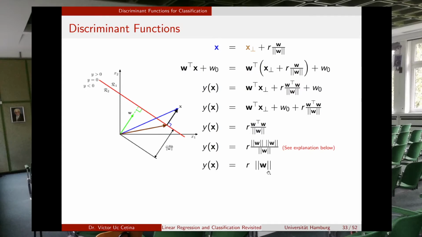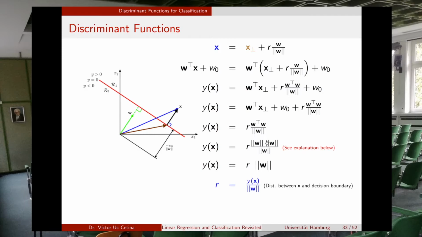And we see here that we can cancel out these magnitudes, and we will get that this r, which is the distance between x and the decision boundary, is simply, by moving this to the other side, as we saw in the drawing, y of x over the magnitude of w. Okay. Now, why can we move from here to here?